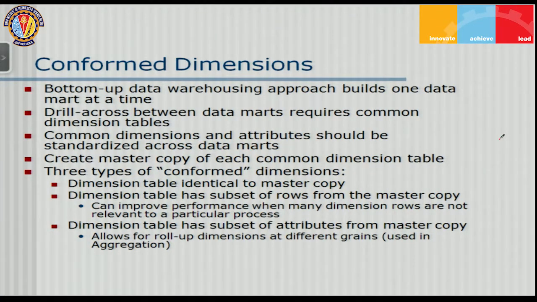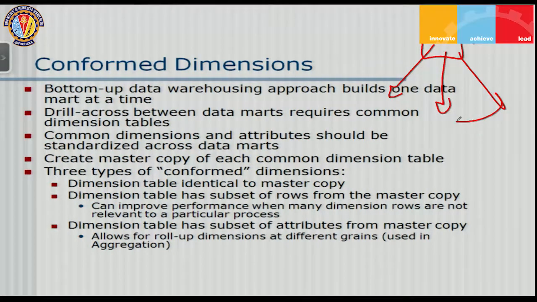So what we do is create a master copy of each common dimension table, and then from the master copy we create replicas. I can have a dimension table which is identical to the master copy. That is one situation.